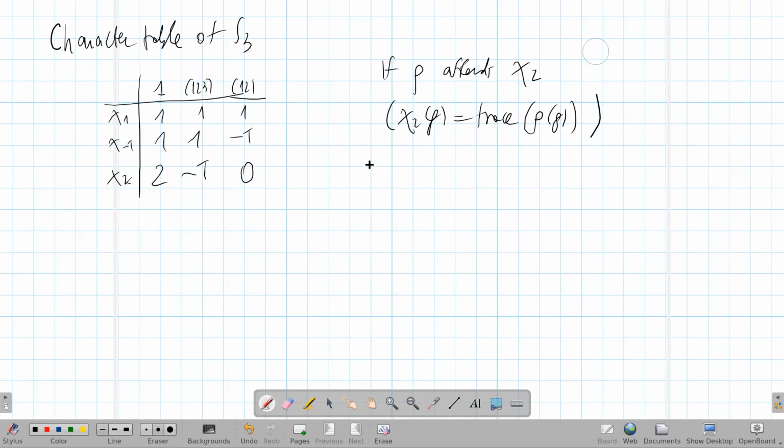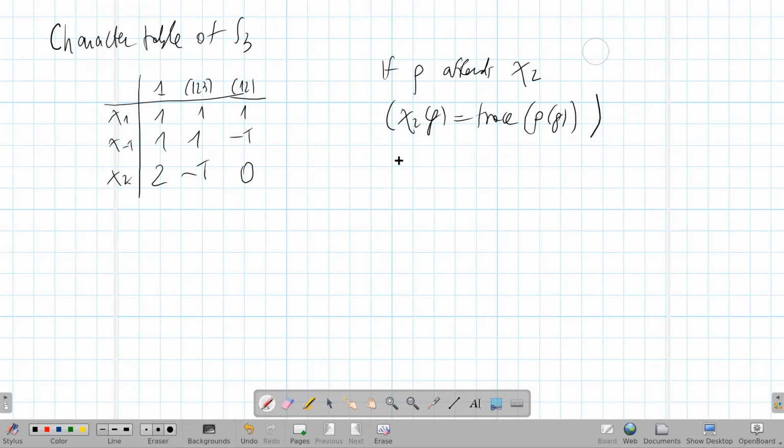Then what we have found is that we can choose a basis, because recall that one of the many advantages that characters have is that there can be many different representations which are isomorphic, whereas all the isomorphic representations give the same character. So equality of characters is equivalent to isomorphism of representations.